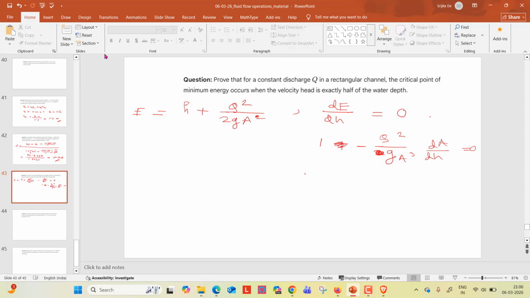Also we know that A equals to B into H. So dA by dH will be B, right? So it will be 1 equals to Q square by gA cube into B, right? Also A cube is there. So 1 equals to Q square B by g B cube H cube.